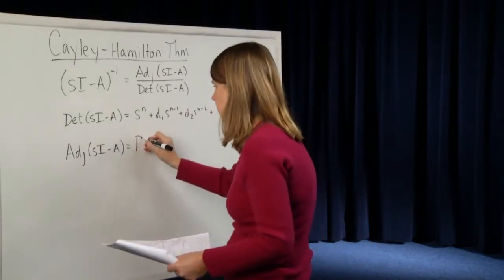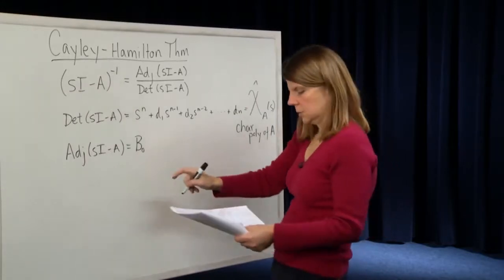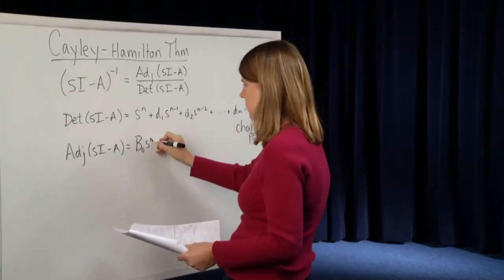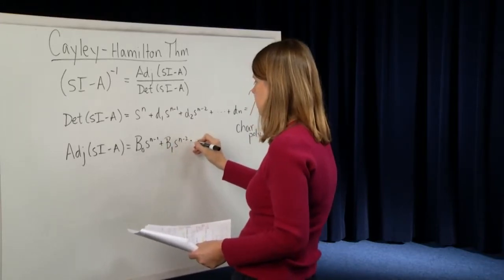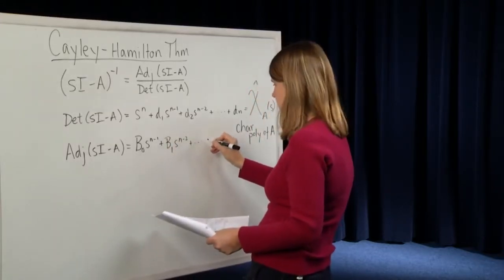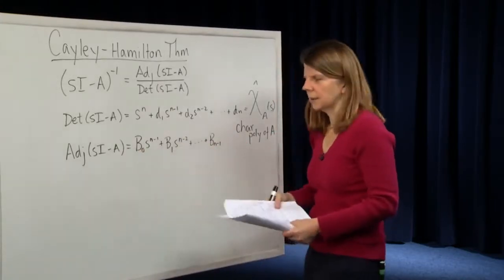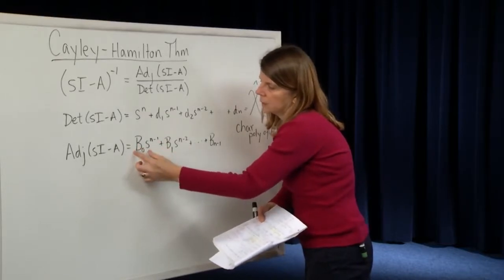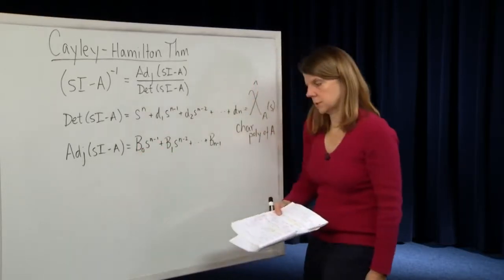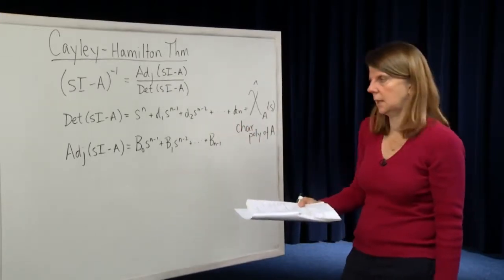So I'm going to write it as some n by n matrix B0 times s to the n minus 1 plus B1 s to the n minus 2, all the way up to B n minus 1. I don't really care what these B matrices are at this point; they're just n by n matrices. Okay, so I more care about what the form of (sI minus A) inverse is.